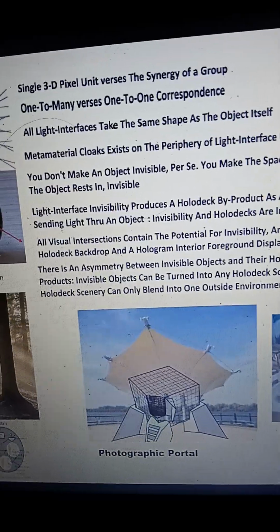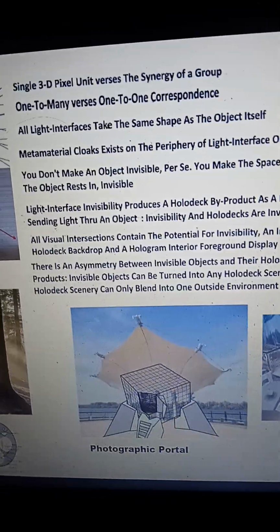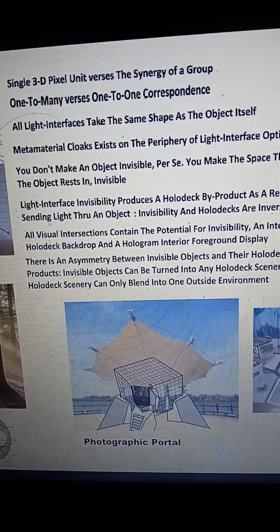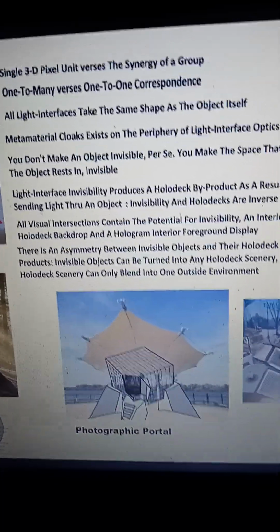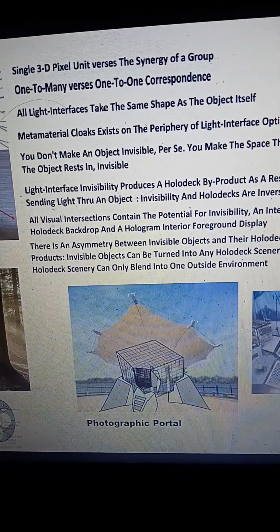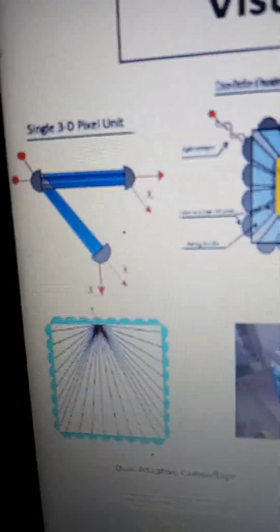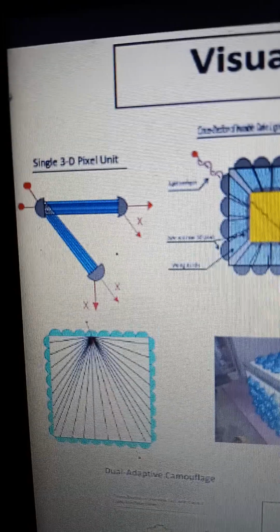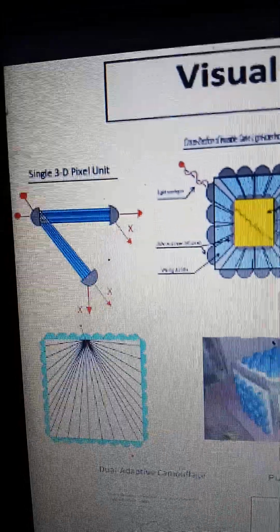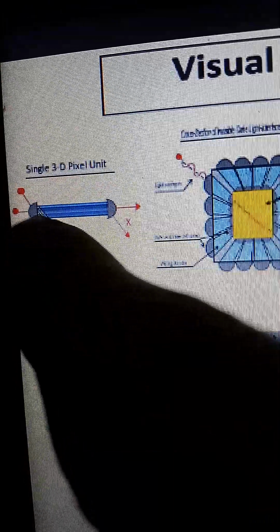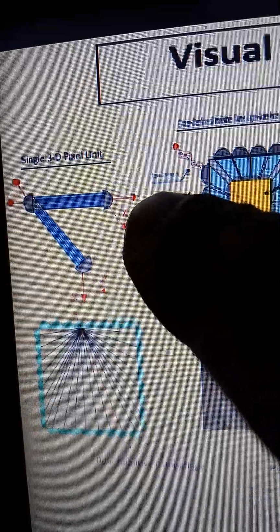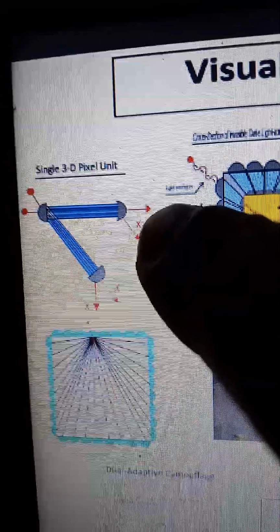The first one is a single 3D pixel unit versus the synergy of a group. At the top statement, this is a single 3D pixel unit. And as you can see, if light is sent through from one end to another, it only makes it through correctly straight on.